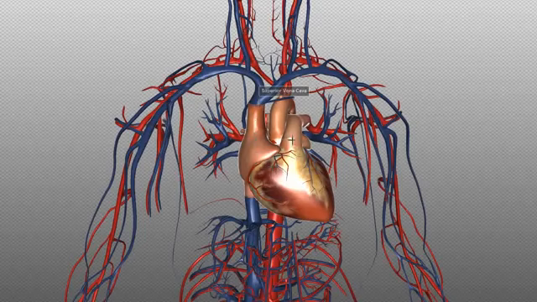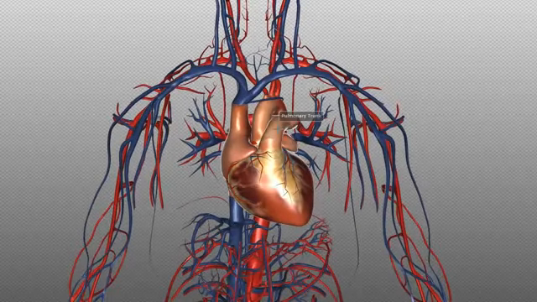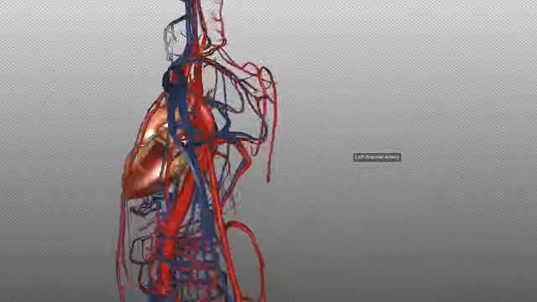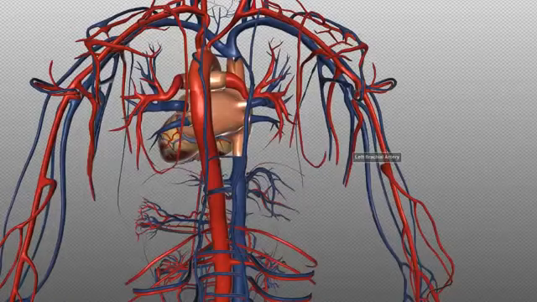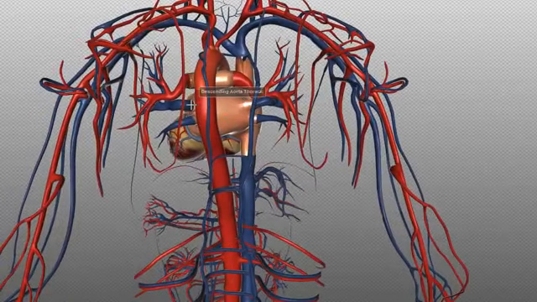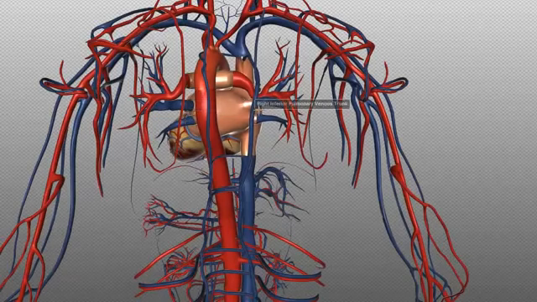The pulmonary trunk here, which comes out of the right side of the heart, splits into left and right pulmonary arteries. Blood received from the lungs and oxygenated returns to the left side of the heart via the pulmonary veins, and you've got 4 of these together, 2 on either side.